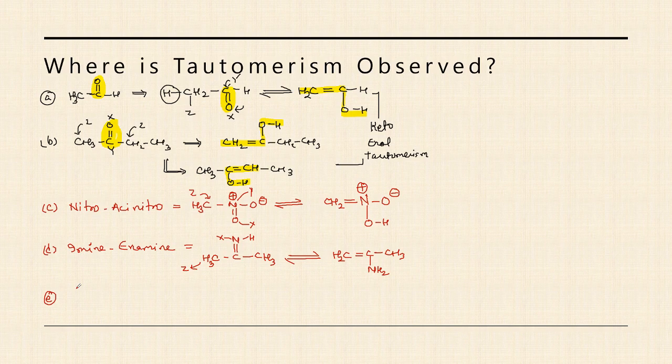Okay. Next, you can have amide-imidol tautomerism. CH3 C double bond O and NH2.